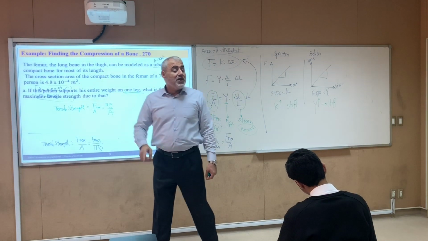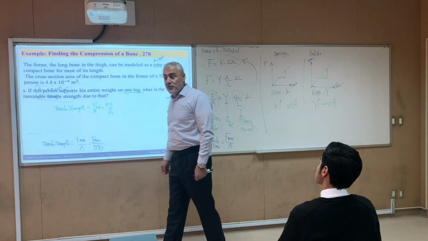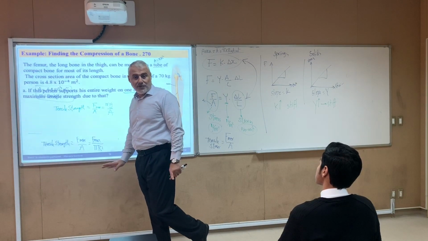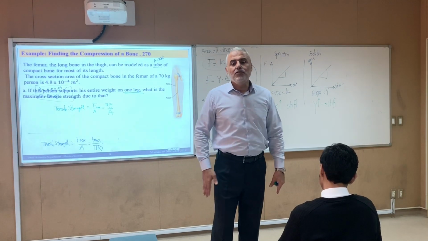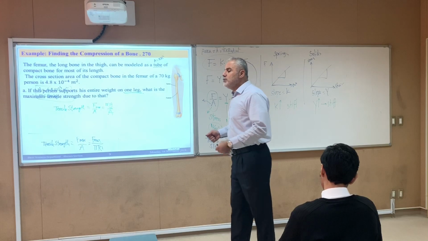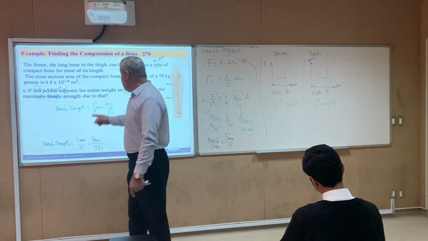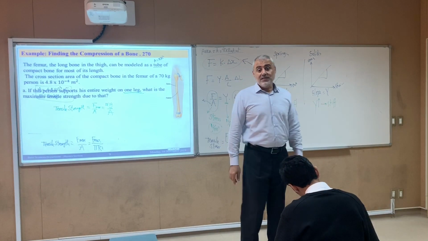When you run, you step on one foot and you raise the other. That's normal. While you're running, you are not actually applying your whole weight on one foot. But in this case, the person is assumed to stand still.